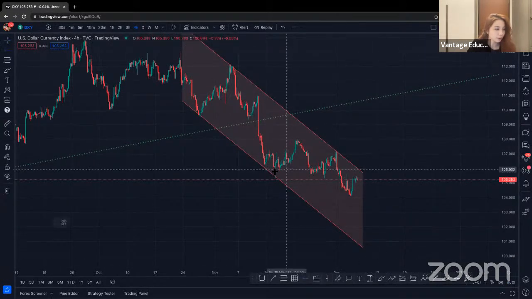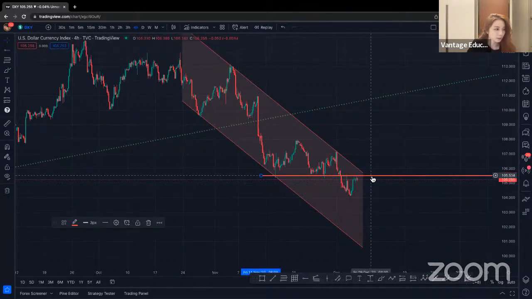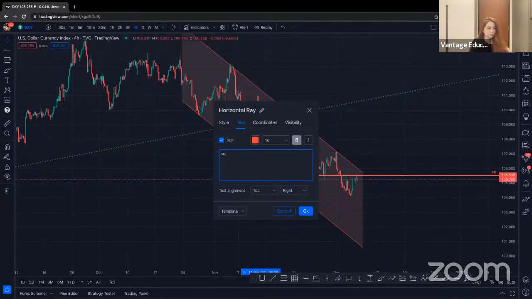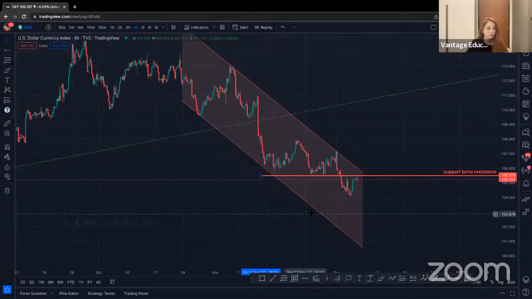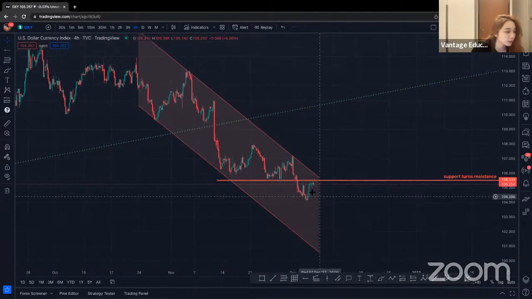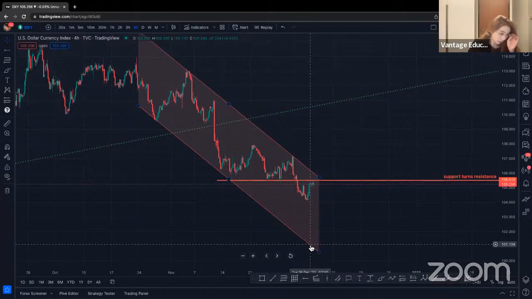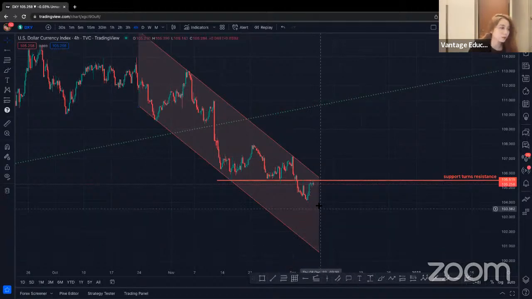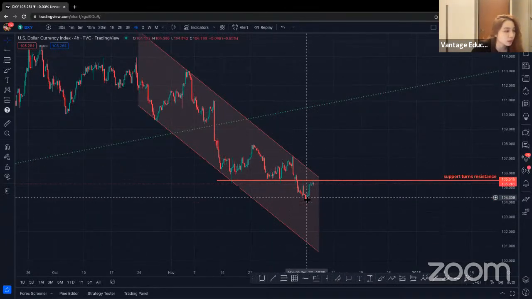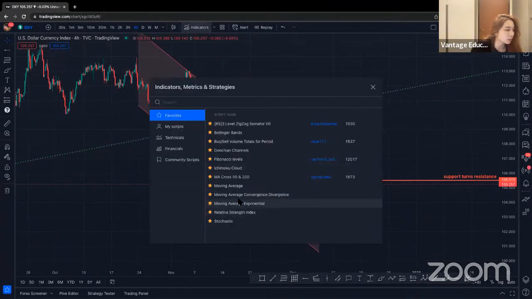We have a support turn resistance situation. Okay. All right, so we can see that there is a high chance of it dropping. However, I do think that we should observe beyond just this. Let us bring out our indicators.